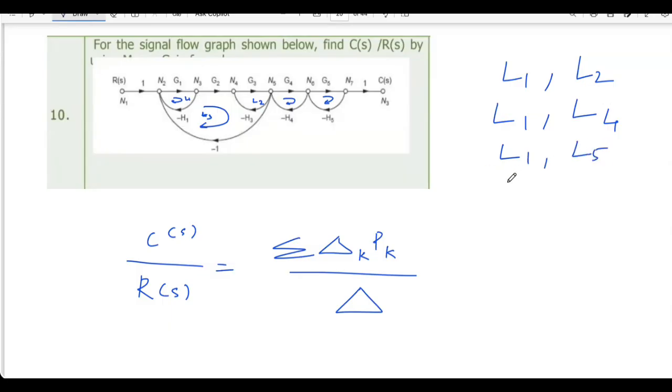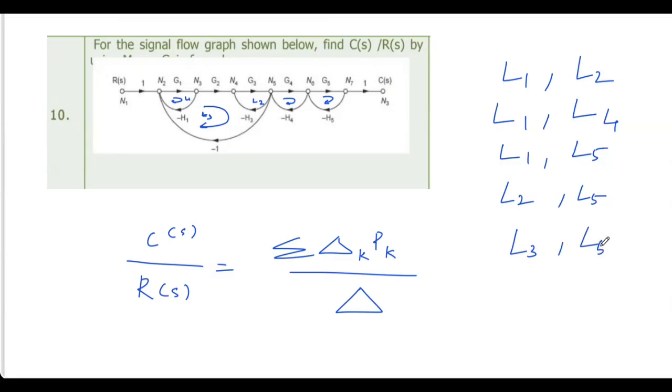For L2, L2, L5. For L4, you already considered. Only these four combinations, right? Sir, L3 and L5. Sorry, L3, L5.